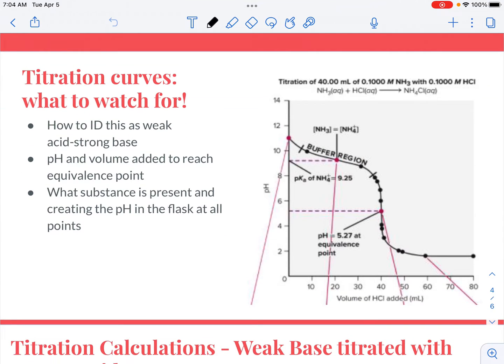A weak base strong acid titration has some similar characteristics to a strong titration in that it has this vertical section, where the center of that vertical section would be your equivalence point.